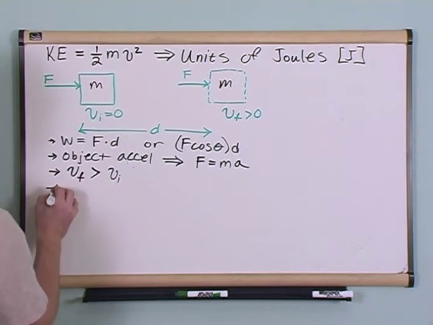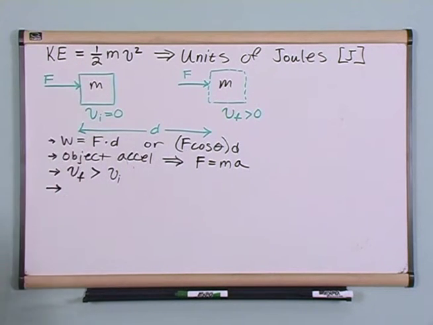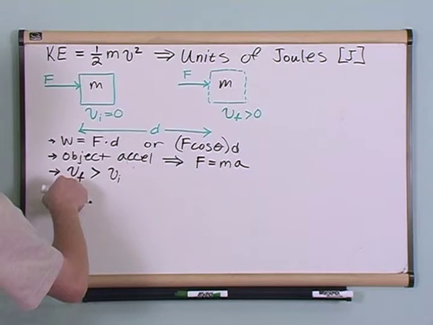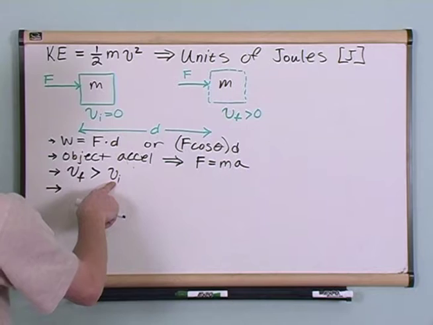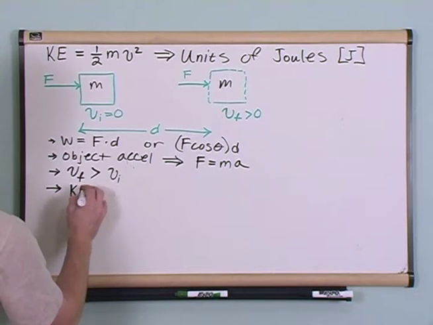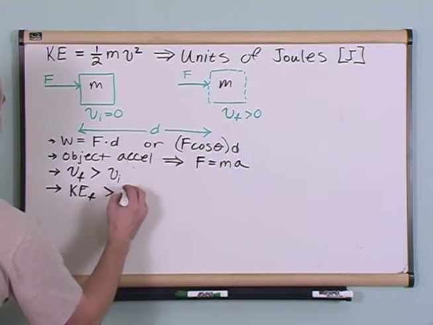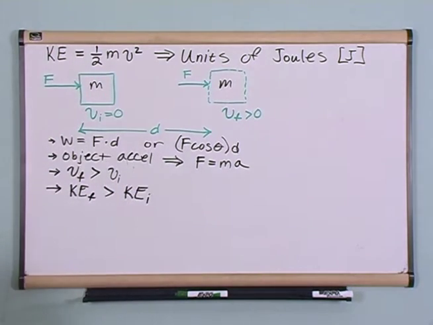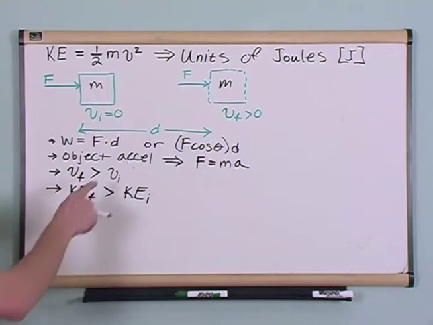Now, because of our definition of the kinetic energy, if the final velocity is greater than the initial velocity, then that means that the final kinetic energy of the box has to be greater than the initial kinetic energy of the box. Now we're starting to get into the new material. But again, it really isn't saying anything too absurd or too hard to swallow.